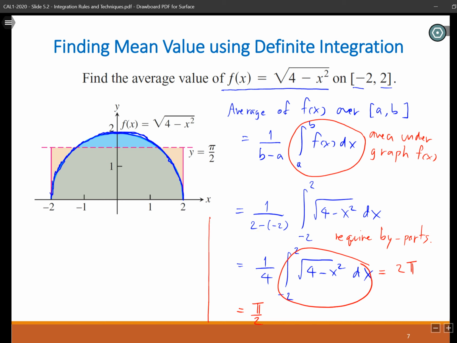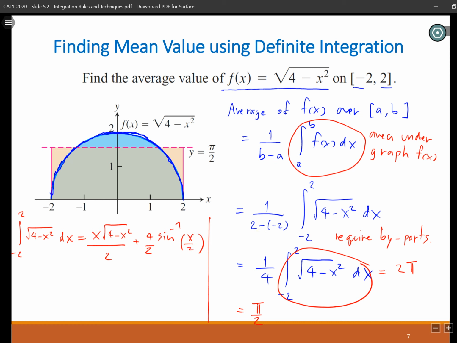So the integration from -2 to 2 of the square root of 4 minus x squared dx, after using by parts, is going to be equal to x times the square root of 4 minus x squared divided by 2, plus 4 over 2 arcsin of x over 2.